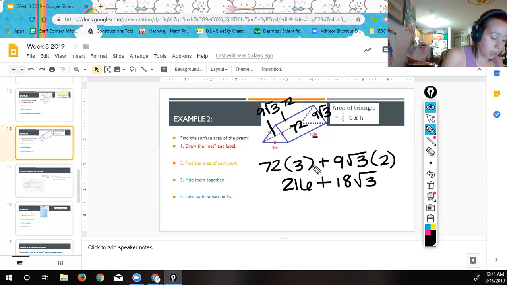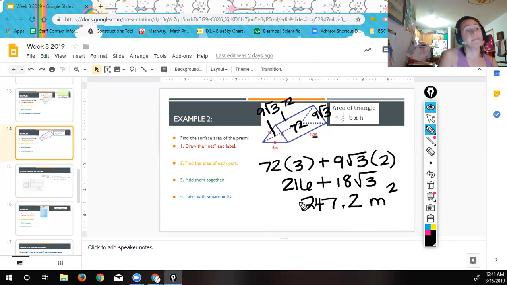Now I'm going to actually add it in my calculator. Once I add it all together, I get 247.2, we would say, and we would call it meters squared. And that would be my area. So that is how you do it with a special right triangle.